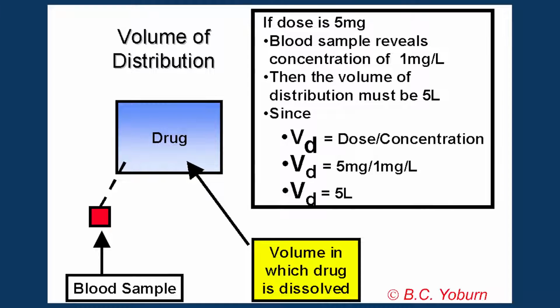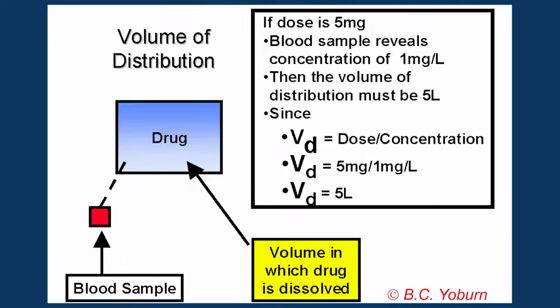So let's assume that we are injecting a patient with 5 milligrams of a drug, as you see in this slide. And 1 hour afterwards, I measure the plasma concentration. I find that the plasma concentration is 1 milligram per liter. Remember that we had given a 5 milligram dose of the medication, but when I measure in the plasma, I get 1 milligram per liter.